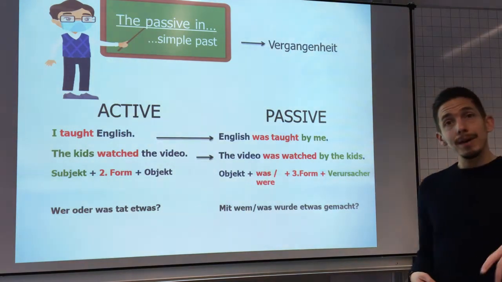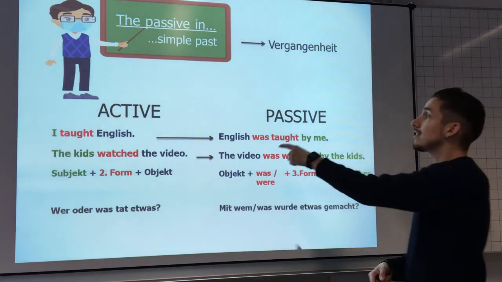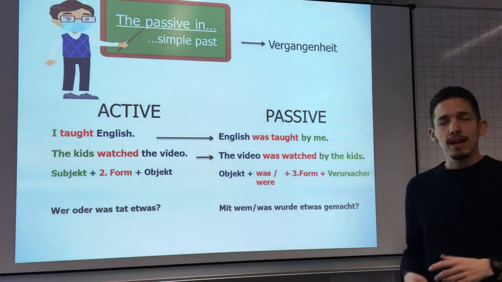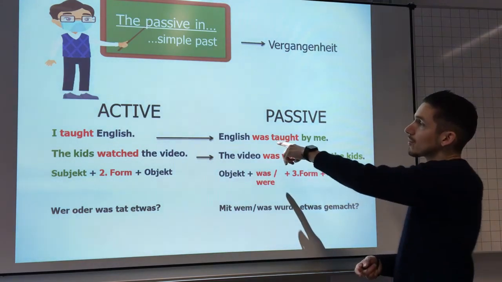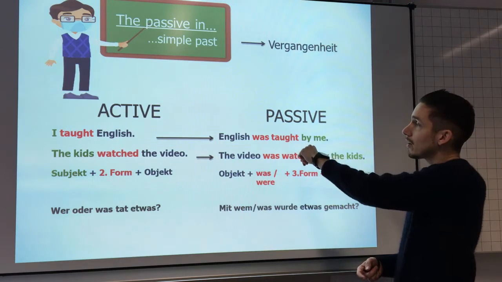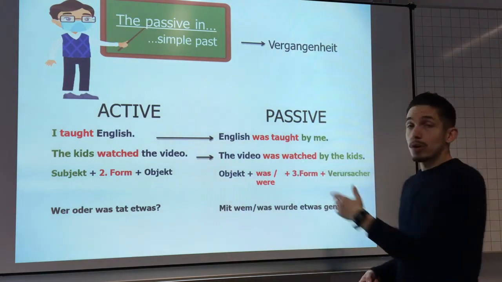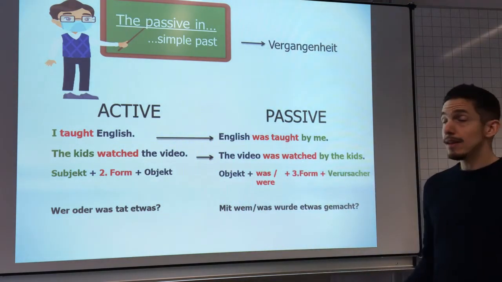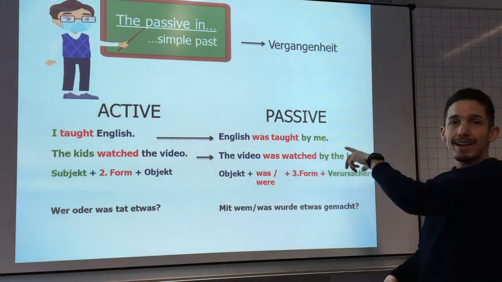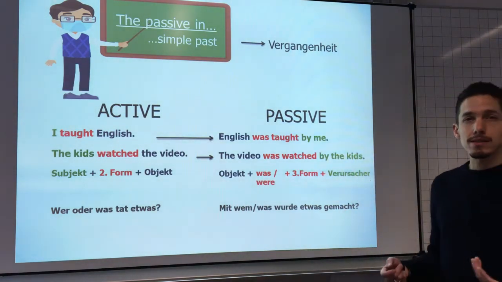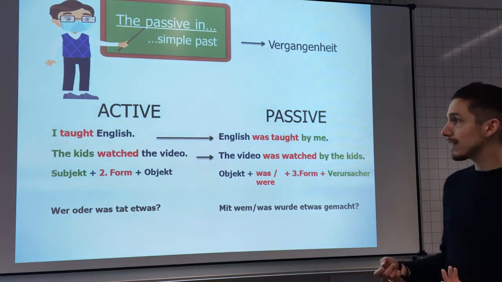And if you put that in the passive, you say English was taught by me. Now what has changed? You see that it's no longer am, are, is, but was, were. Still a form of to be, and then the third form. Again, we have the by agent, so we know that some person was involved doing that.